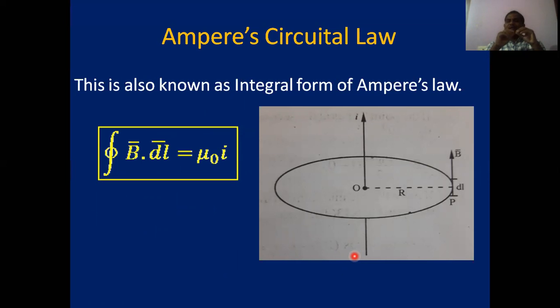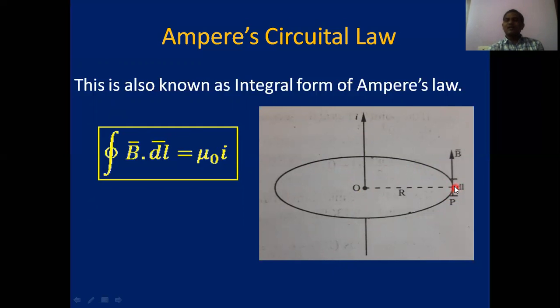So for that, you consider the diagram as shown in the figure. This is the current carrying conductor in which current is flowing in the upward direction. Now I am considering a closed circular path around this conductor. It is divided into small length elements dl.